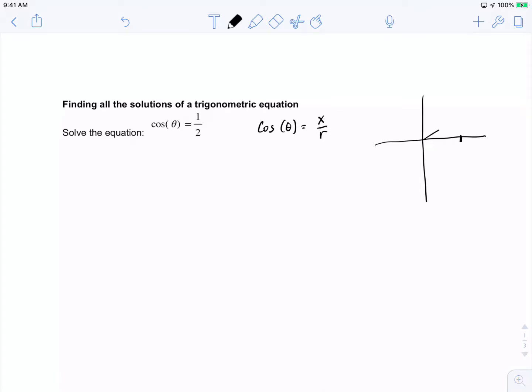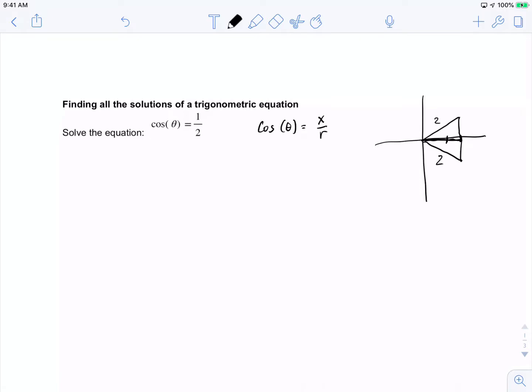So whatever the radius is, it's going to hit somewhere like this. And we see that this is 2. This distance from the origin to that is 1. And this is 2.